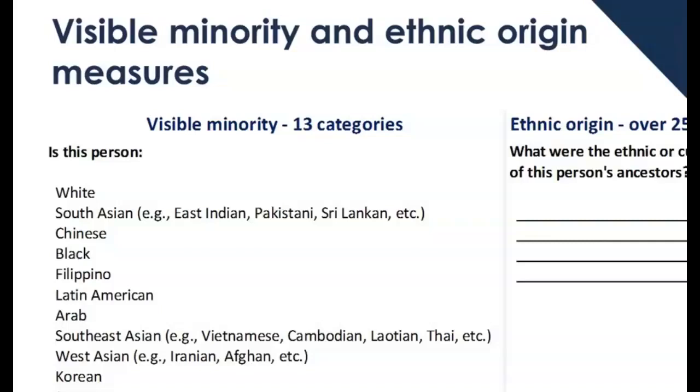People are provided 4 lines to write as many origins as they would like, and in the end, we retain 6 of them for dissemination purposes. We disseminated over 250 categories in 2016.